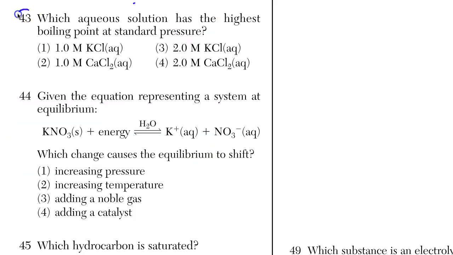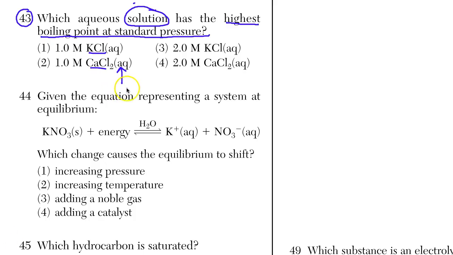Number 43. In number 43, which aqueous solution has the highest boiling point at standard pressure? Okay, so boiling point, and it's a solution, which means it's a mixture of this solute dissolved in water.